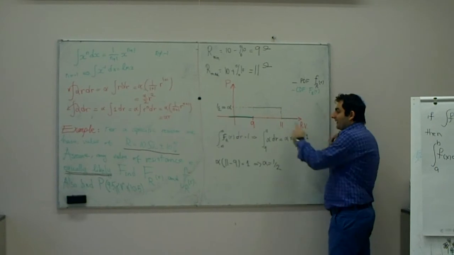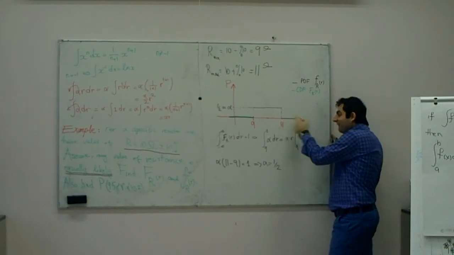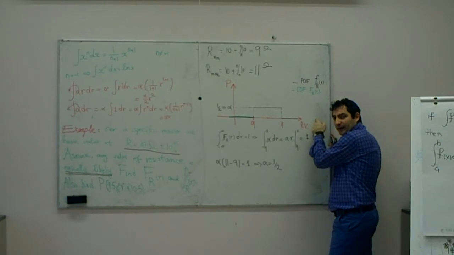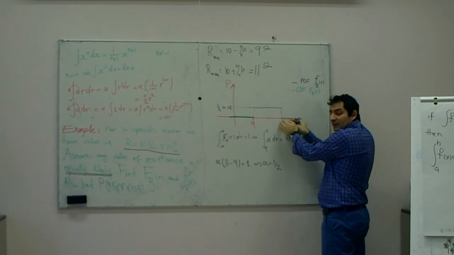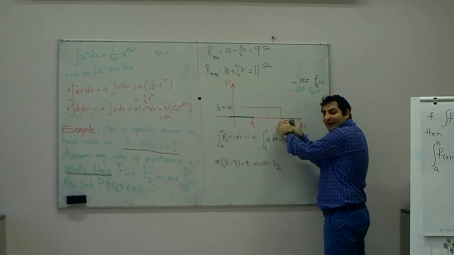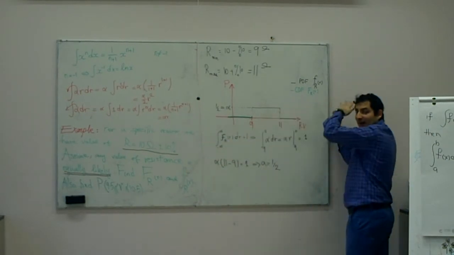Now, from 11 and afterwards, I don't have any other probability. So the cumulative distribution function for any value greater than 11 is the integral from minus infinity till that value.